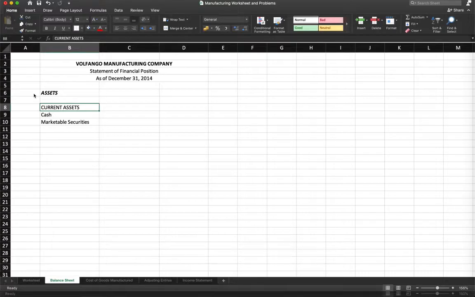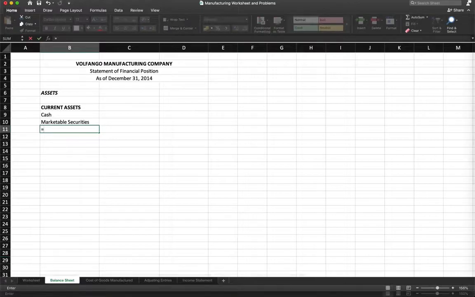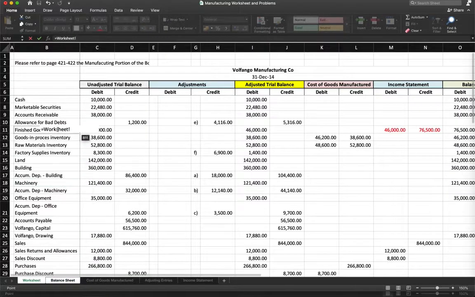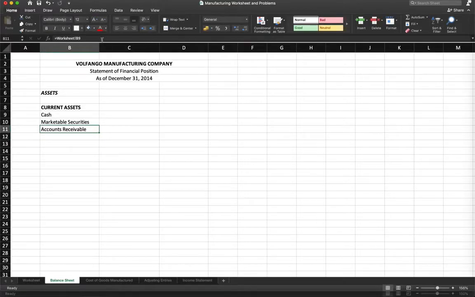Mamaya na tayo mag-notes. Yung natural lang muna, lahat nakalagay. Tapos mamaya gawin natin yung may notes. Cash, marketable securities. Ano pa? Meron ba tayong accounts receivable? Yes. Pero yung accounts receivable natin ay lagay natin net.